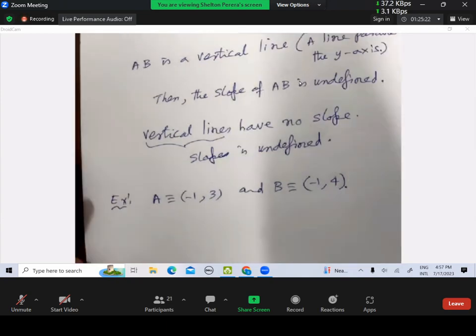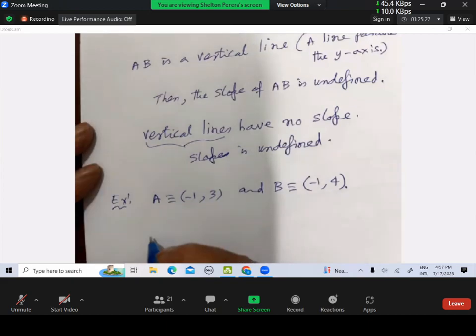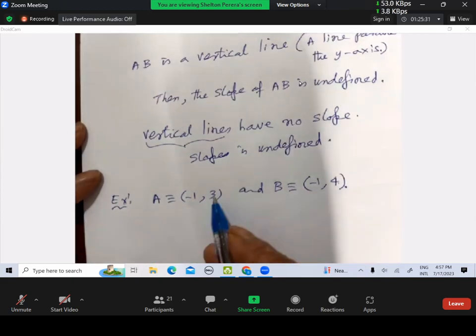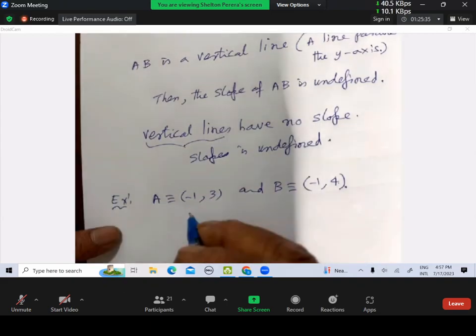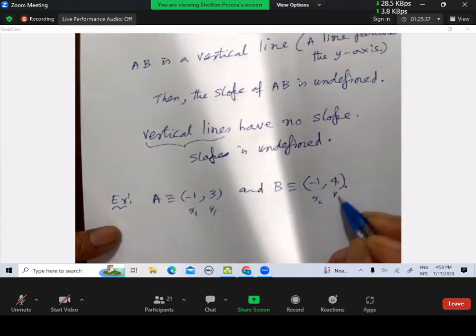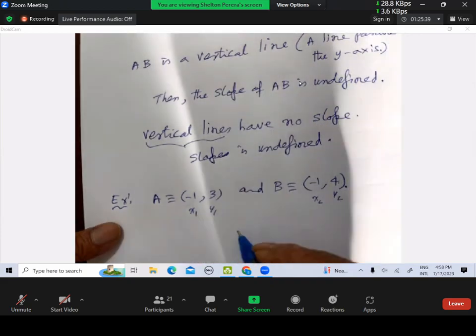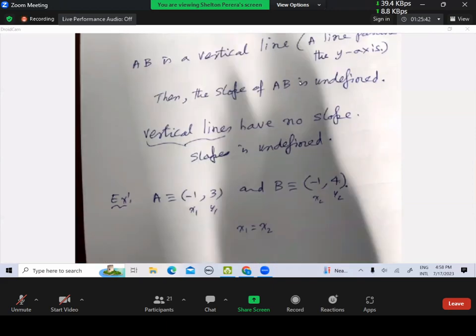The slope of the line joining AB, our M, is 4 minus 3 over -1 minus -1. x1 is equal to x2, both equal to -1.